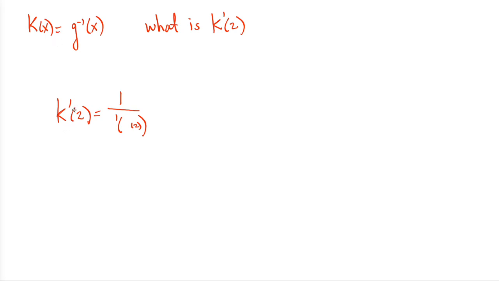Since k is represented as the inverse of g, g is going to be our main function, what we normally use as f. So in the formula, the regular, non-inverted function would go right here in the front. In this case, that would be g prime, and then this would be k of 2. This feels really weird to write.